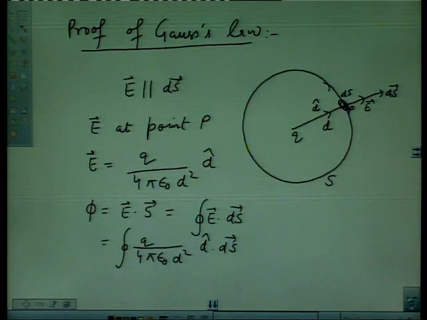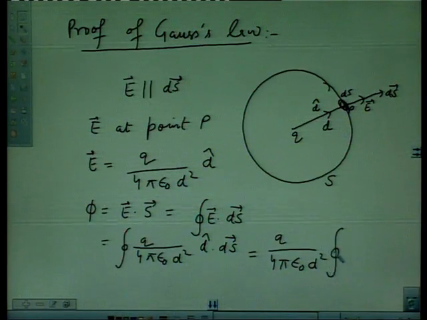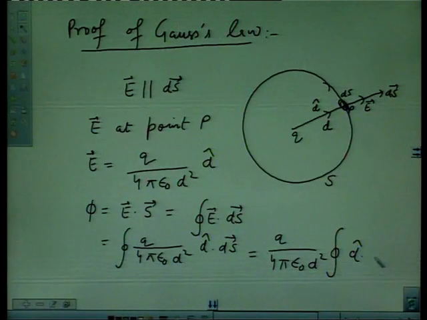In this integral, q, 4 pi epsilon naught and d square are constants, so we can take them out of the integration. So, we have q upon 4 pi epsilon naught d square and the integral of d cap dot ds vector.